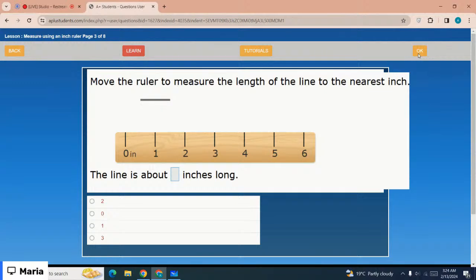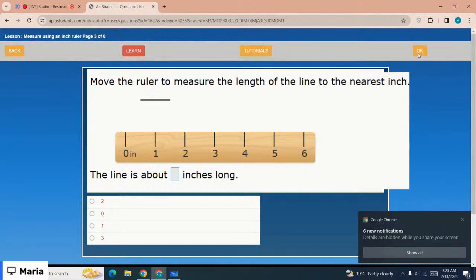Move the ruler to measure the length of the line to the nearest inch. So the line is about how many inches long? Yes, that is 1 inch long.